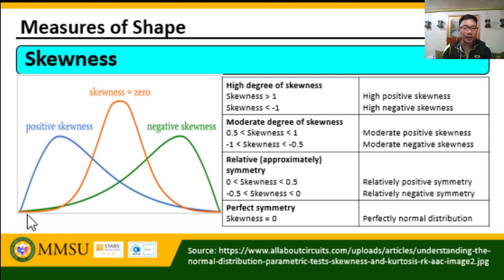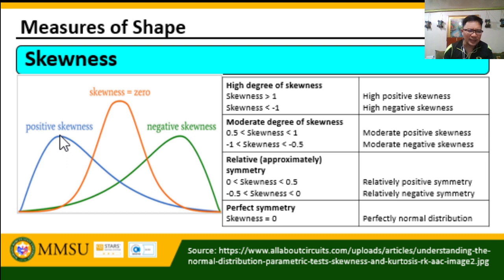If your skewness is positive, we look at the peak. If we draw the line here, this is the mean.